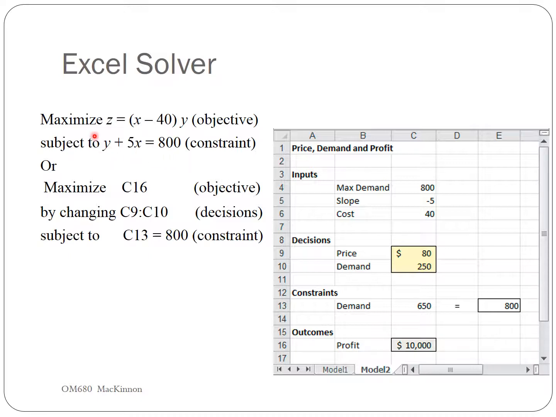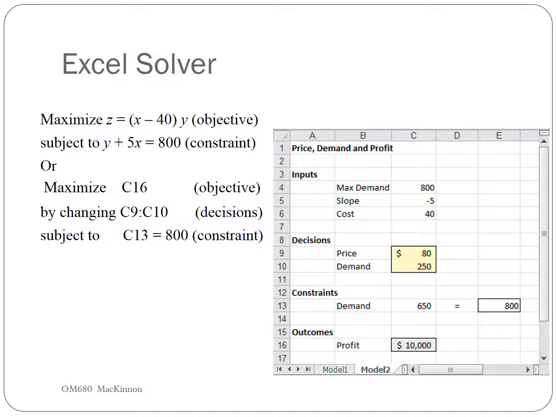Now, this is just our demand curve, reformulated a little bit. We've taken 5x from the right-hand side and moved it over to the left-hand side. This is normal. Normally in optimization in Excel, we want on the right-hand side of the equation only a parameter, only a number. We want all of our equations and our unknowns to be on the left-hand side.